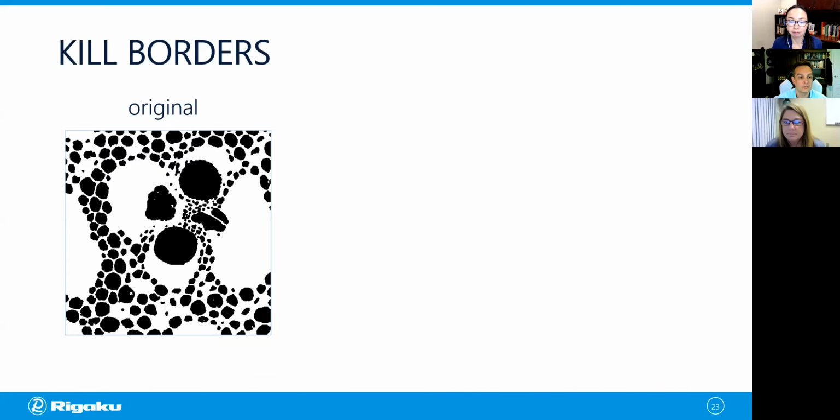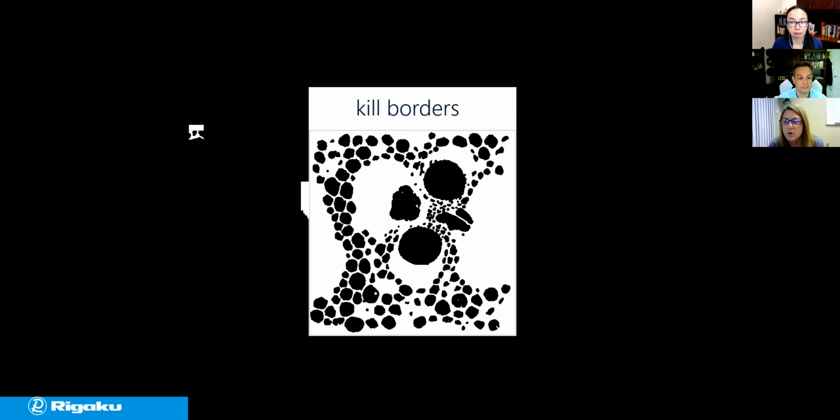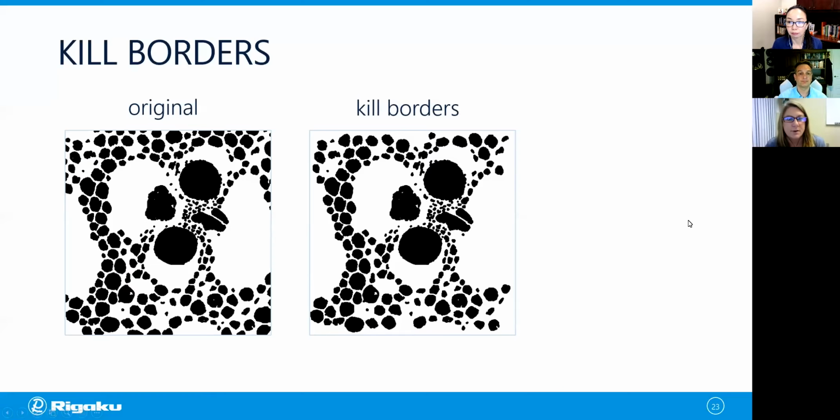Okay, well, let's have a look at that. All right, so it turns out that what kill borders is going to do is remove ROIs that intersect with the border of the image. It's not actually getting rid of edges of the individual ROIs, but rather those that intersect with the border.